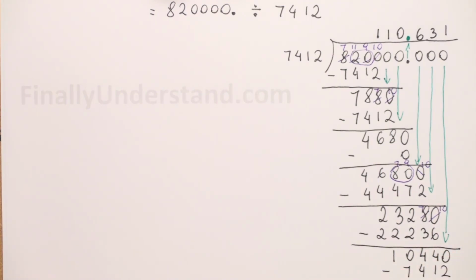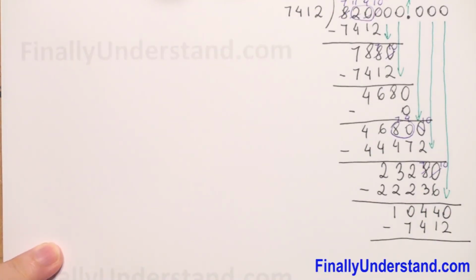Subtraction again. Again, we have to borrow 1 from 4, so it will be 3, and at the end we have 10. 10 minus 2 is 8. 3 minus 1 is 2. 4 minus 4 is 0. 10 minus 7 is 3.